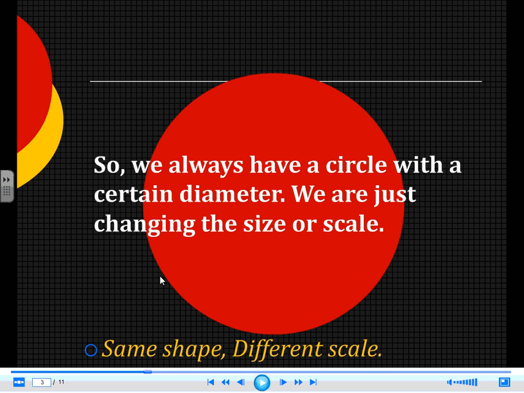The distance from one side of the circle through the center to the opposite side. What would be half of a diameter called? If you cut the diameter in half, that's called a what? It starts with an R. Radius. When you have the radius of a circle, the radius is all the way around the same distance from the center of the circle. Okay?